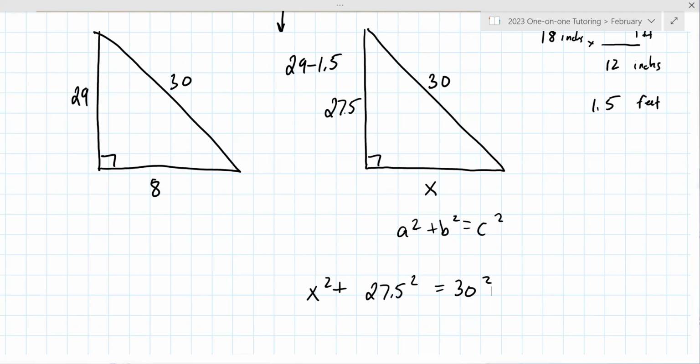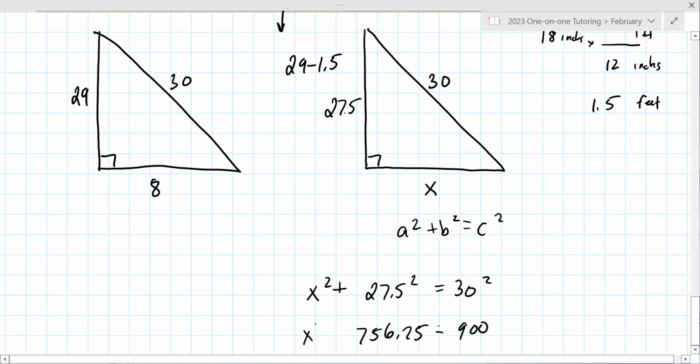Can you give me the result, please? X squared plus 27.5 times 27.5. 756.25 equals 900.